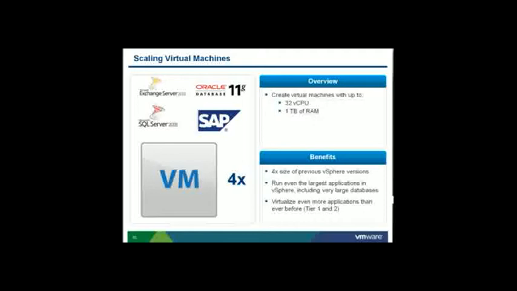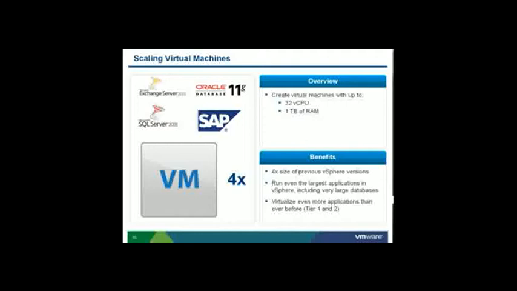But that's not to say on the CPU side, it was 8 vCPUs, which was seen as a limitation to a certain extent for some of our customers, so that's increased to 32 vCPUs. Again, I always have the conversation that adding more vCPUs to a VM doesn't always necessarily mean you're going to increase the performance.